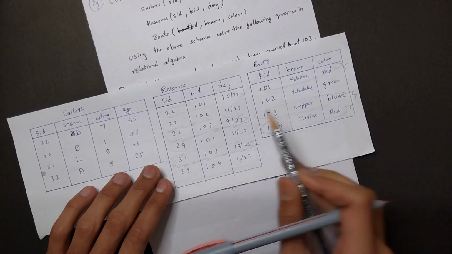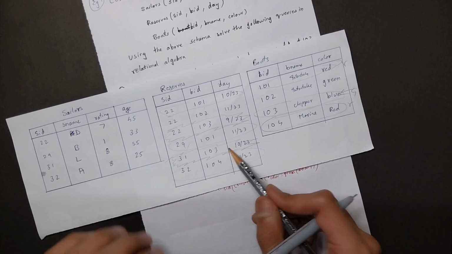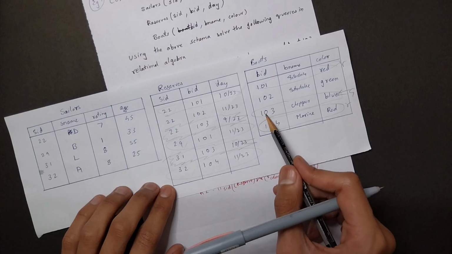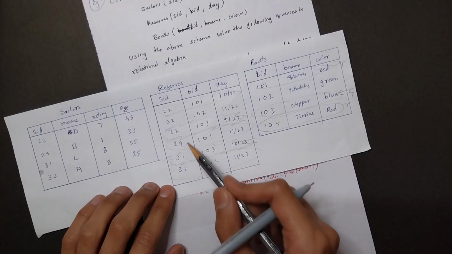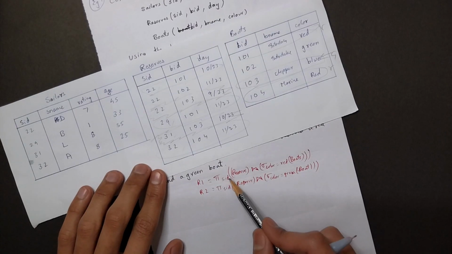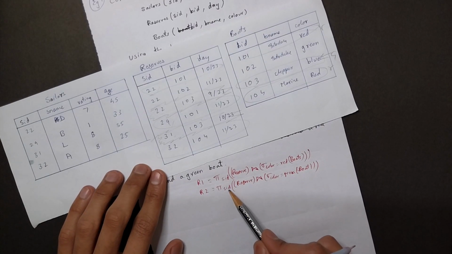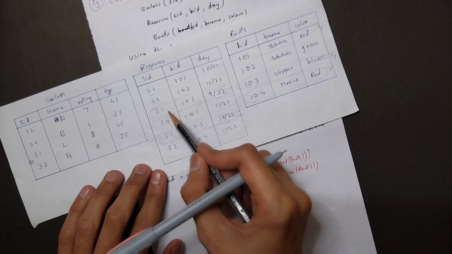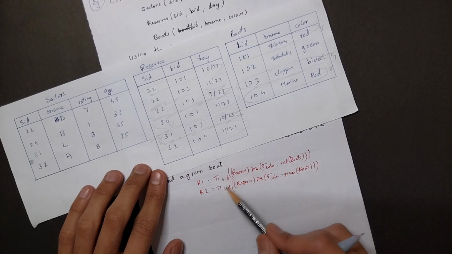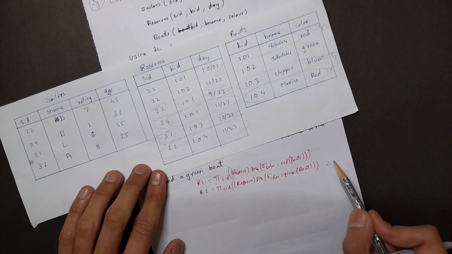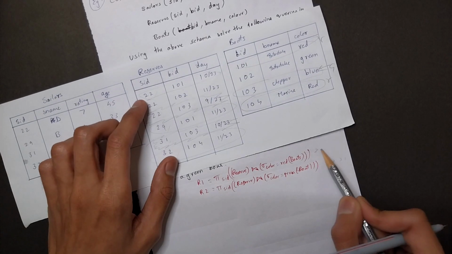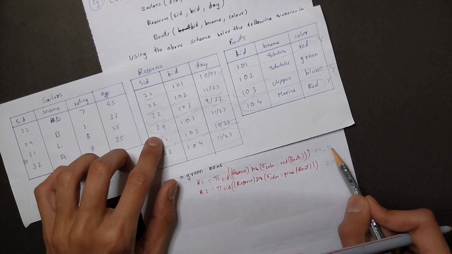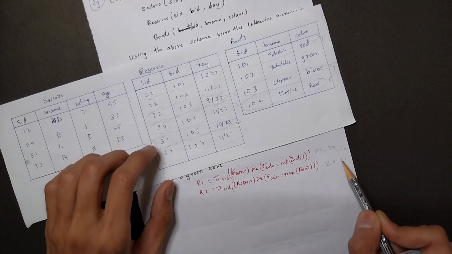Now 103 will be mapped to this and 102 will be mapped to this, and we get SID as 22 and 31, right? So we select only the SID of this outcome, that is 22 and 31. I'll write 22, 31, and here what we got, 22, then 29 and 32, right?